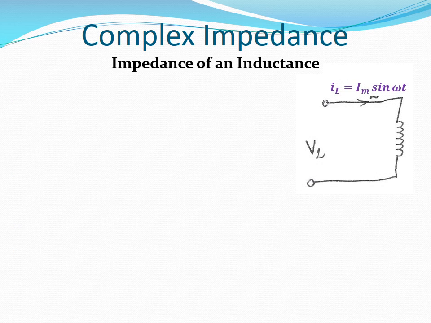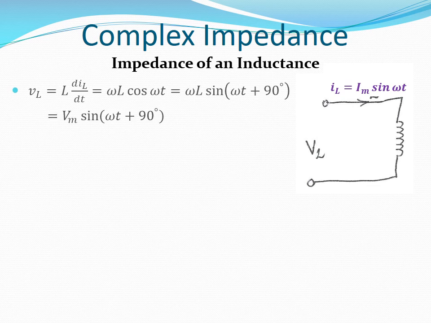Let's proceed to the impedance of a pure inductance. Suppose the current flowing through a pure inductance L is expressed as Im sine omega t. From the relationship between inductor voltage and inductor current, the expression for the voltage across the inductance is obtained as omega L sine omega t plus 90 degrees.